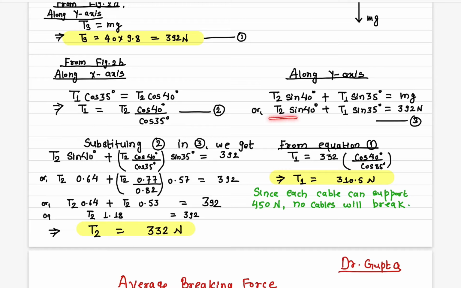So T2 sine 40 degrees as it is, and now instead of T1, I'm going to write T2 cosine 40 over cosine 35, and then sine 35 degrees here, and 392. So simply plugging equation 2 into equation 3.